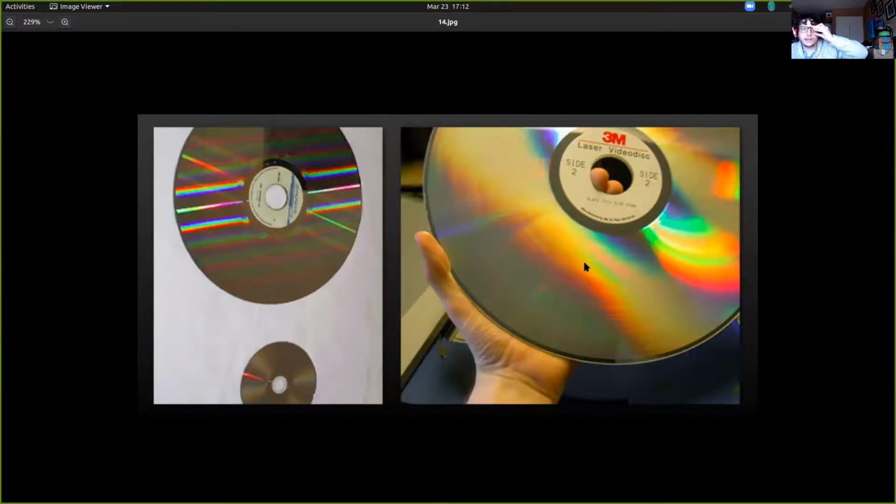Yes, Blake. This is a laser disc, right? Laser discs were quite popular in the 1980s, and this is how we would store movies. It's just like a CD, but it used a different type of laser, and it was much, much bigger.